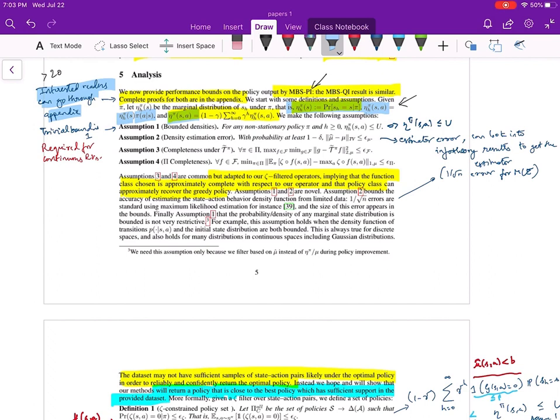a few assumptions which are made here. Yeah, let's go through these. Bounded densities. So first, for the non-stationary policy pi and h, they have this boundedness assumption. As you can note from the above definition of eta of s and a, this implies this is true.